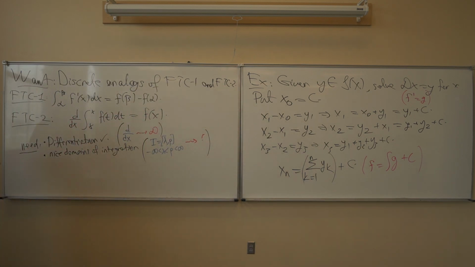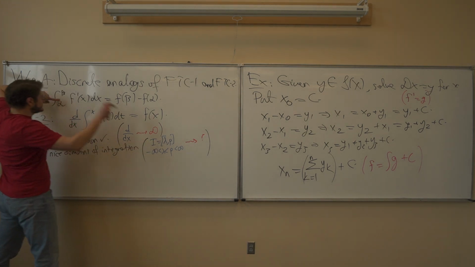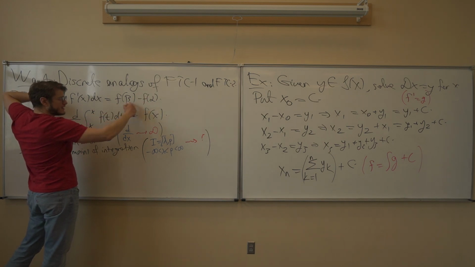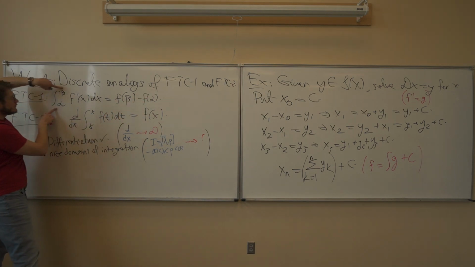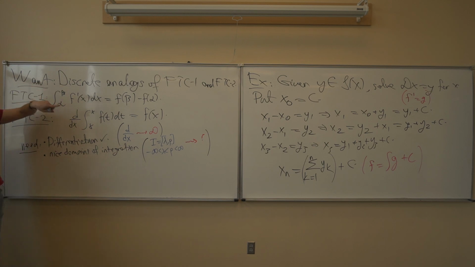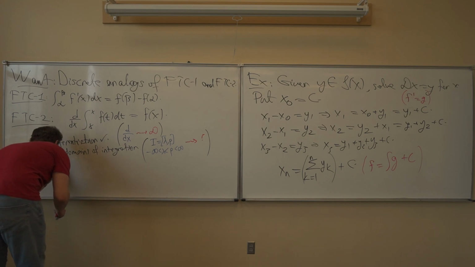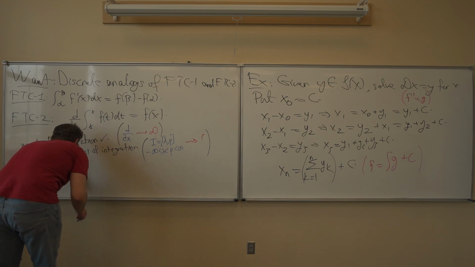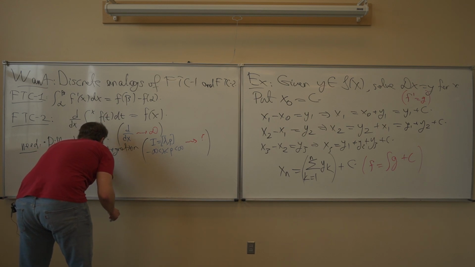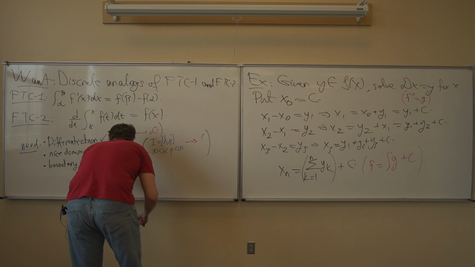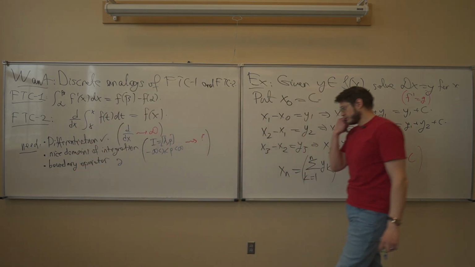What else do I need? So this nice domain of integration I'm going to use on the left-hand side. On the right-hand side, I mentioned how beta minus alpha was the boundary of the interval here. So I need a notion of boundary for nice domains. Boundary operator. So in a classical case, recall that this was a notation that I sort of mentioned.